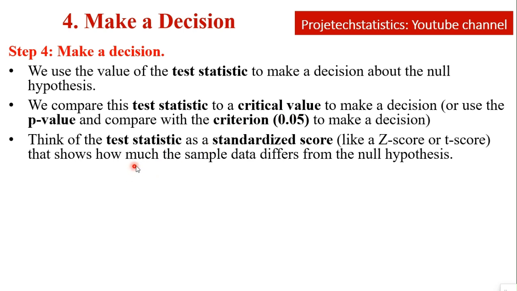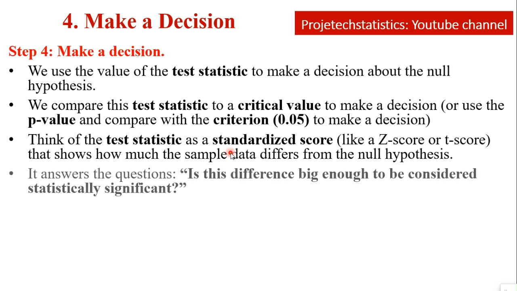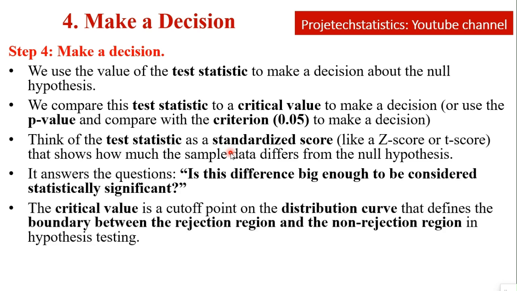Now, we think of the test statistic as a standardized score, like the Z-score or the T-score, that shows how much the sample data differs from the hypothesis. It answers the question, is this difference big enough to be considered statistically significant?